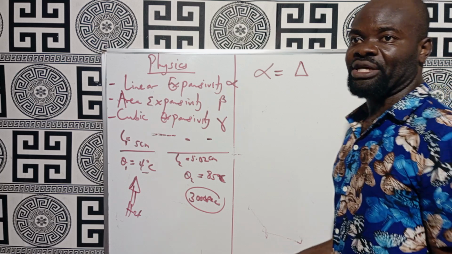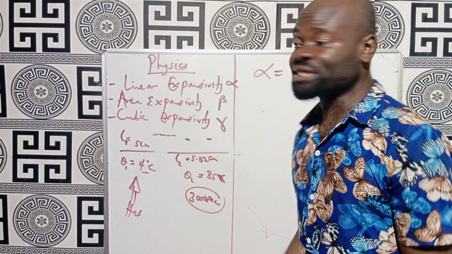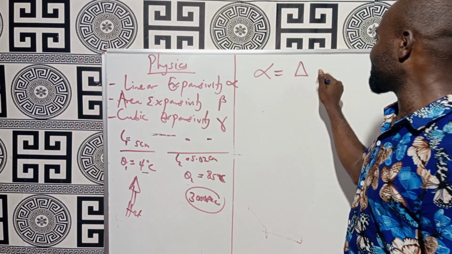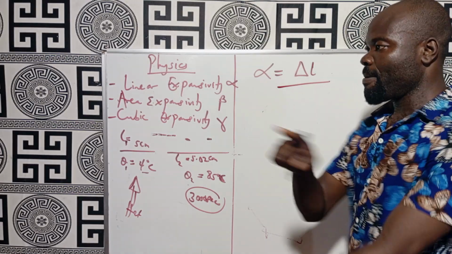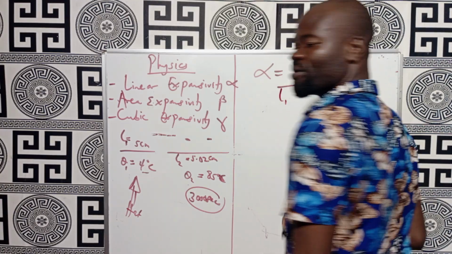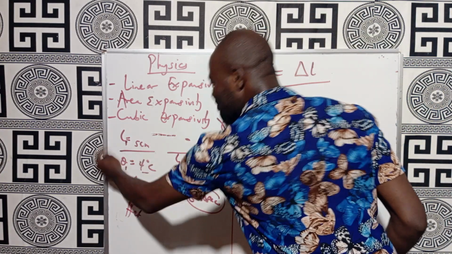Let's say, for instance, you were 15 years old last year and now this year you are 16, which means your change in age is 1. So the increase in length, L for length, per unit length, per L1. That is the amount by which the length is increasing on the normal length before.